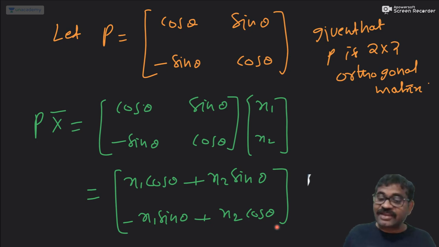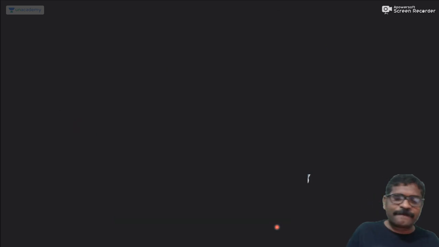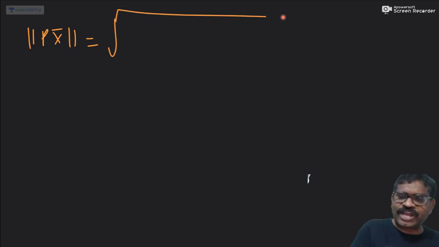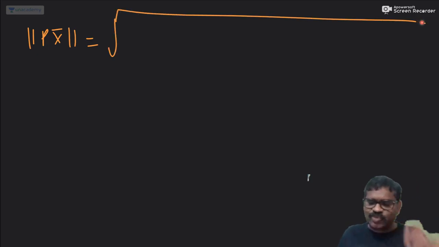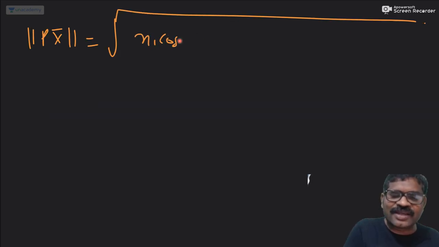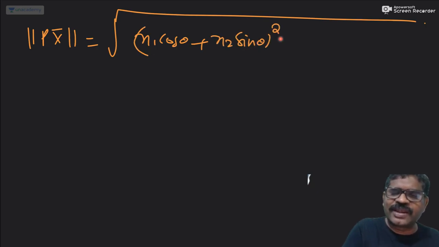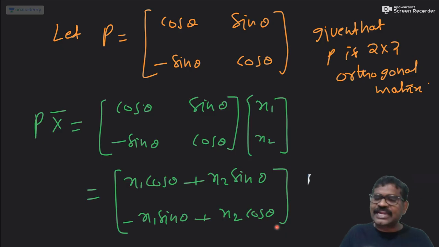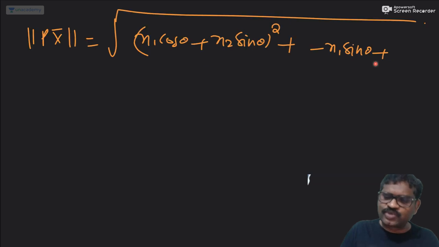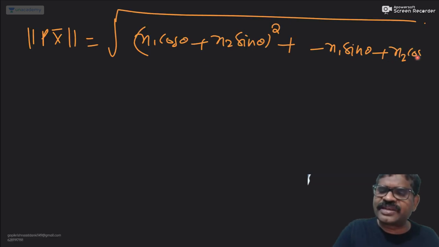Now calculate the length of Px bar. Norm of Px bar is nothing but the length of Px bar. How to calculate length? Square root of the first component squared plus the second component squared. That is the square root of (x1 cos theta plus x2 sin theta) whole square plus (minus x1 sin theta plus x2 cos theta) whole square.